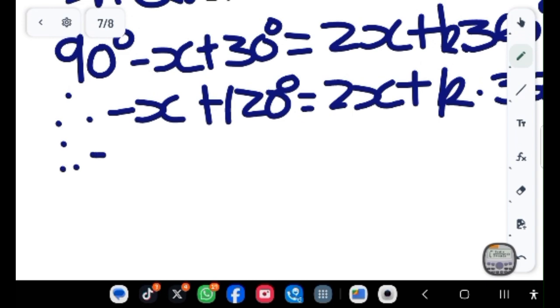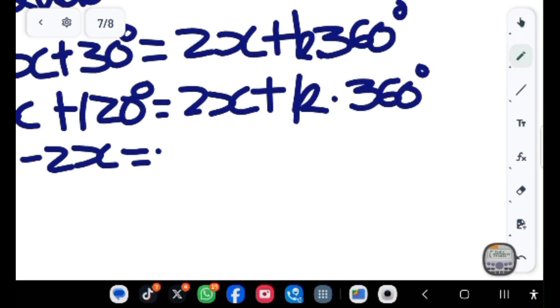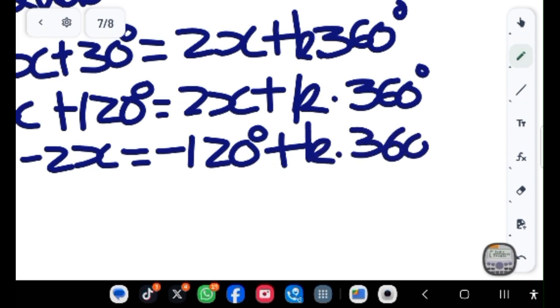That leaves us with negative x minus 2x equals negative 120 plus k times 360 degrees.